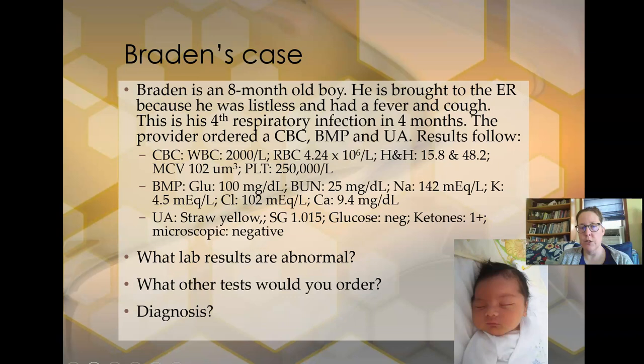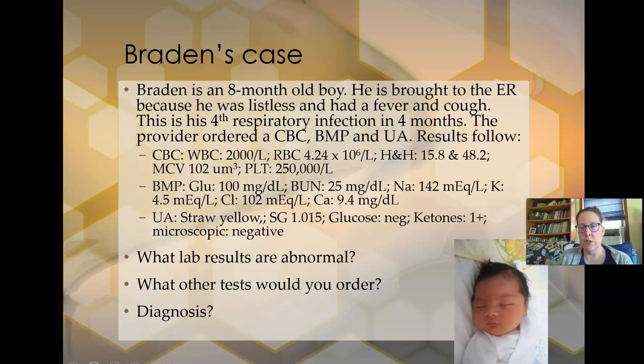On the CBC, the WBC is 2,000, which would be a white count of 2.0. The RBC is 4.24, a little bit low, but good for a little guy. H&H 15.8 and 48.2. Not bad either. MCV is up a little bit at 102. The platelets are 250,000, which seems adequate to me.